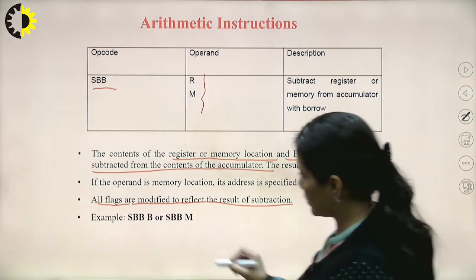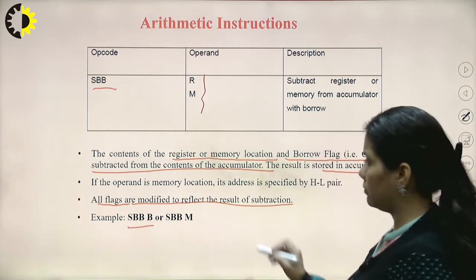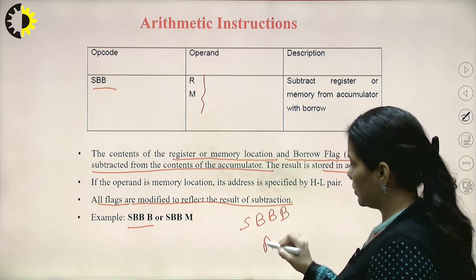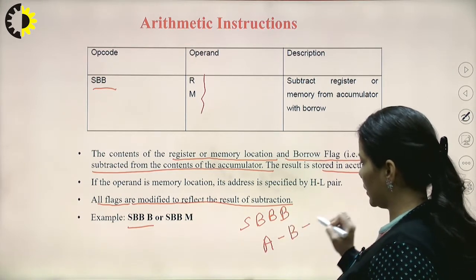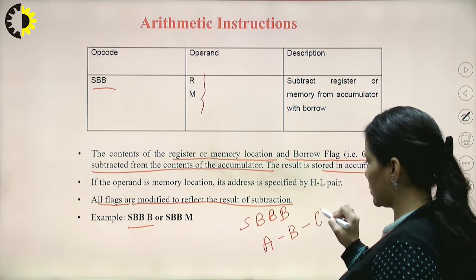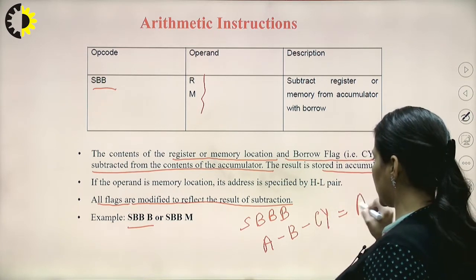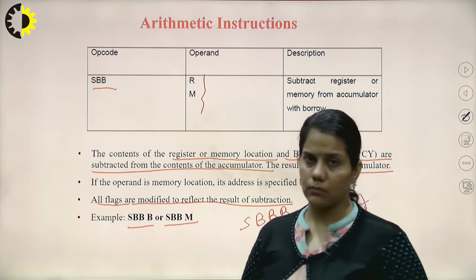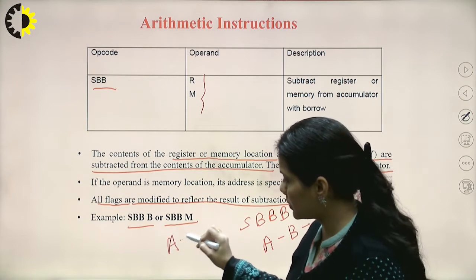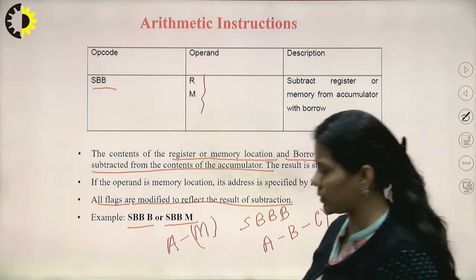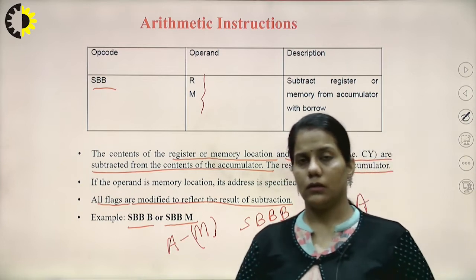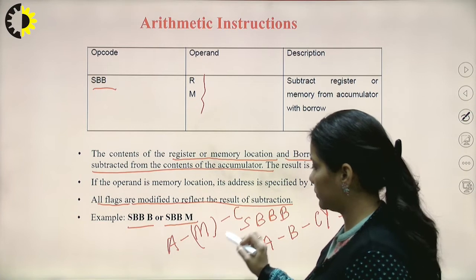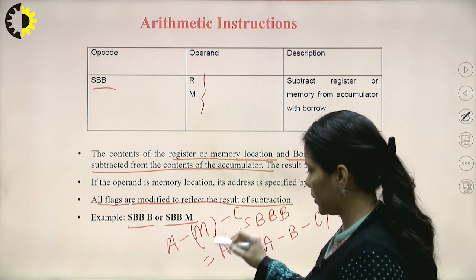For example, SBB B means A minus B minus borrow, meaning carry, and the result will be stored in accumulator only. Similarly, for SBB M, A minus memory contents, that is the memory location pointed to by the HL register pair, and also the carry is subtracted and the result is stored in accumulator only.